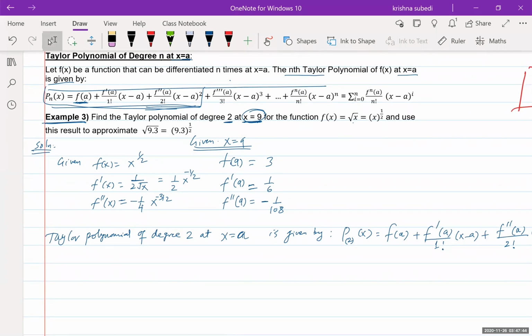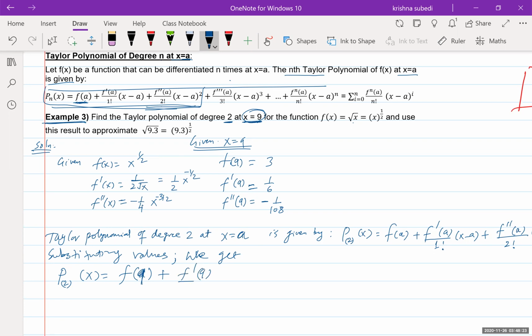Now we want to substitute the values. Substituting values, we get f of a, which is, because a is 9, plus f prime of 9 over factorial 1 times x minus 9 plus f double prime of 9 over factorial 2 times x minus 9 squared.